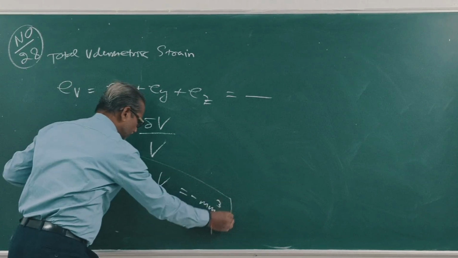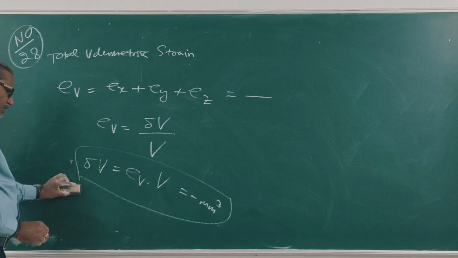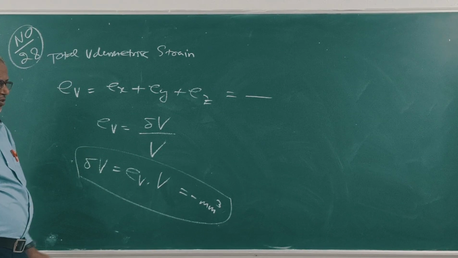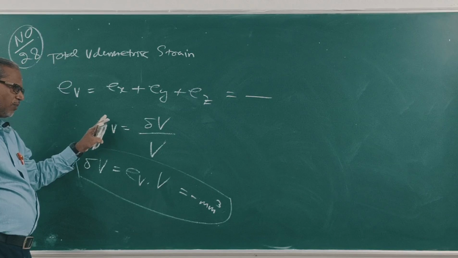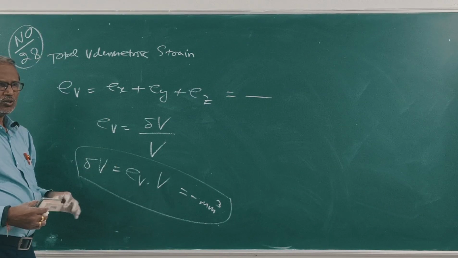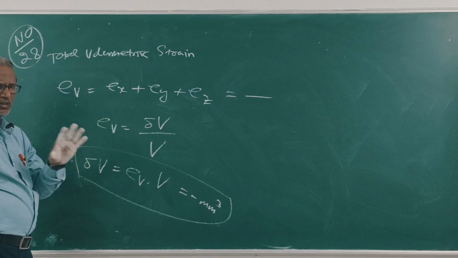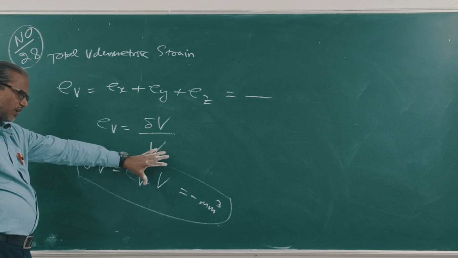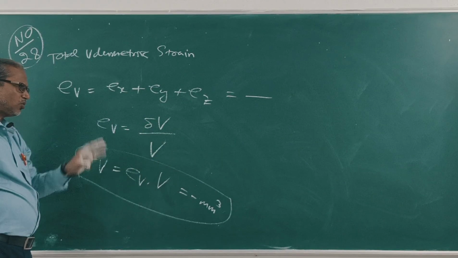Right? This is the answer for change in volume delta V. Clear? Use a calculator while doing problems, then you can get the exact answer. This is our formula and this answer is also correct, but you should use a calculator.